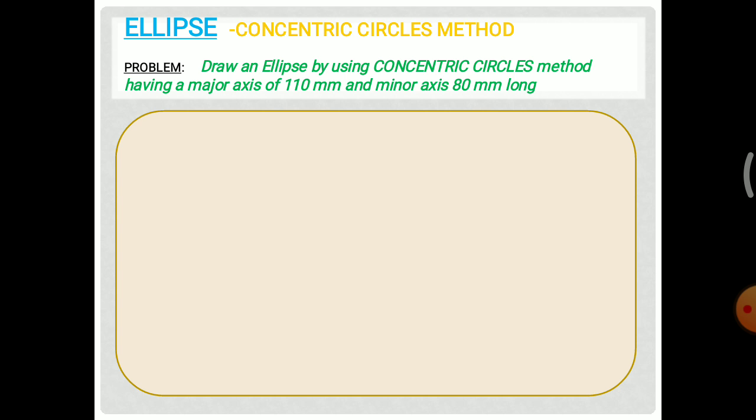First draw the major axis of 110 mm long and take the points as AB, and from the center of the major axis, that is 55 mm, draw the minor axis CD of 80 mm long. So we have seen the lines here, that is AB line and CD line. AB is the horizontal line which is the major axis, CD is the vertical line which is the minor axis.